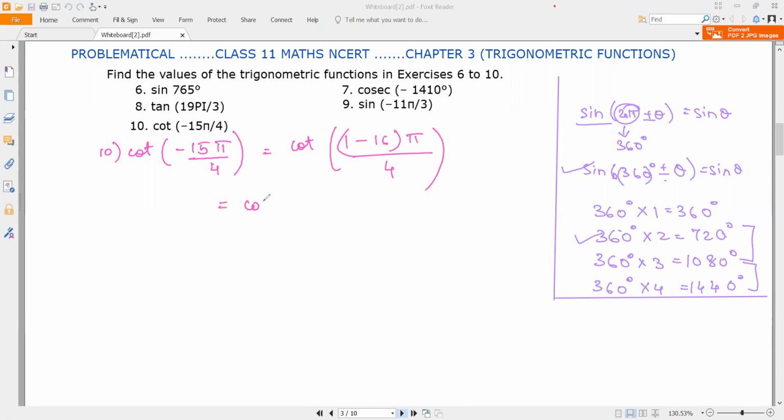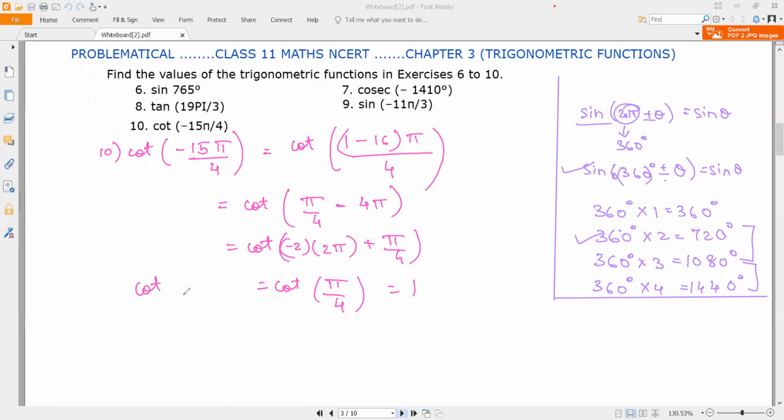This is cot of pi by 4 minus 16 pi by 4, which is 4 pi. Again, it can be written as cot of minus 2 into 2 pi plus pi by 4. This again can be written as cot of pi by 4. We know that cot pi by 4 is 1. So this is the value of cot minus 15 pi by 4. This concludes this exercise. Thank you.